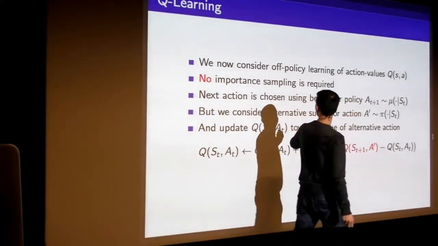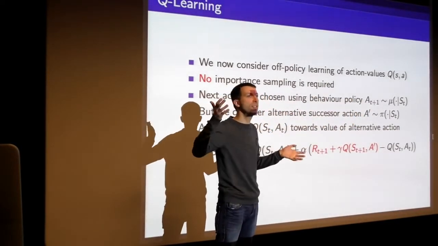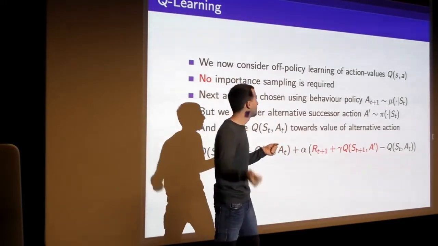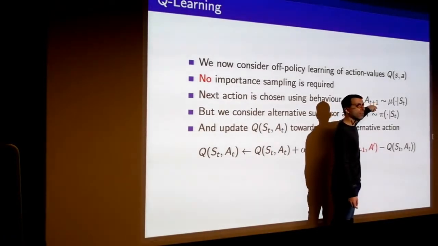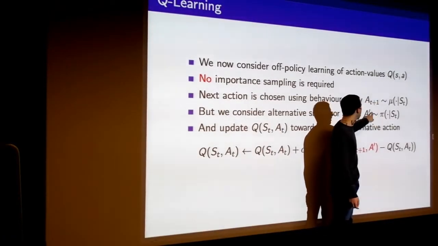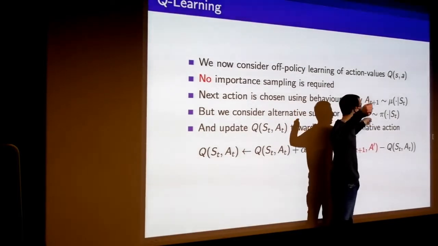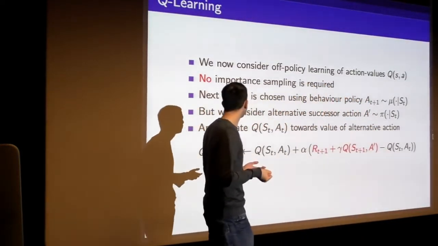Okay? But we're also going to consider some alternative successor action that we might have taken had we been following our target policy. So we sample, this is our random variable representing the real thing we took in the world, that's time step t plus 1. And this a prime is like our alternate thing. Like we're just imagining, if I'd taken this thing under my target policy, what might the world have looked like?